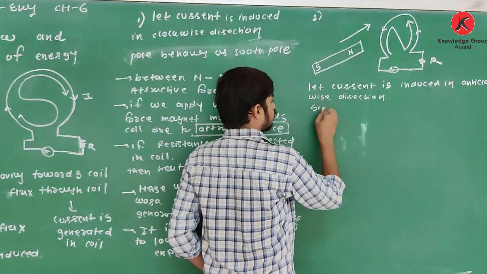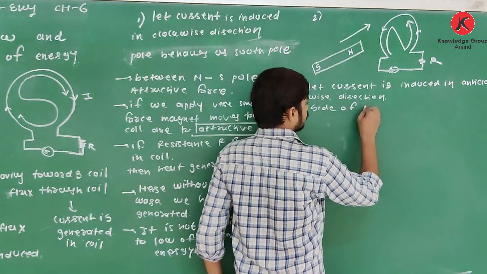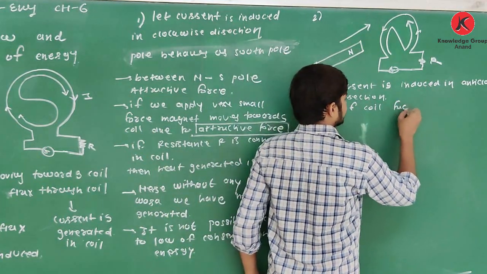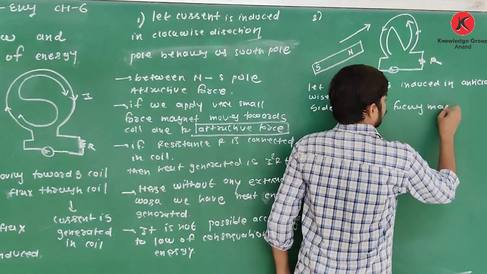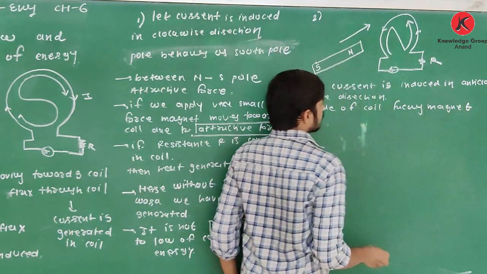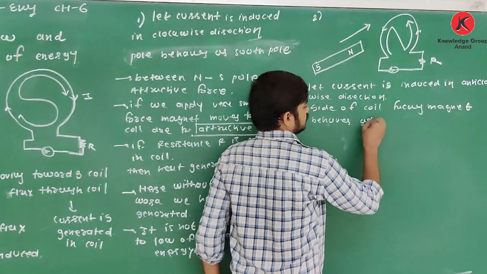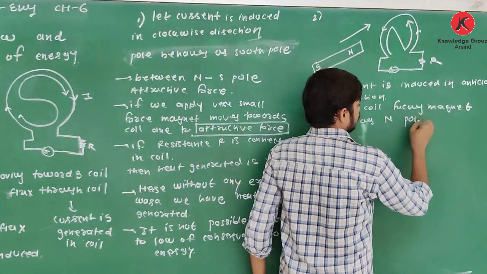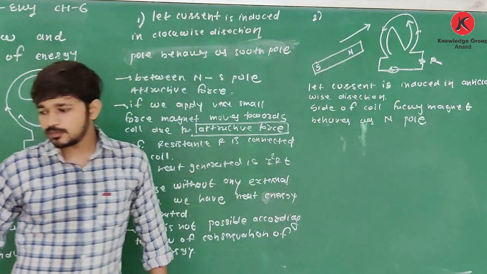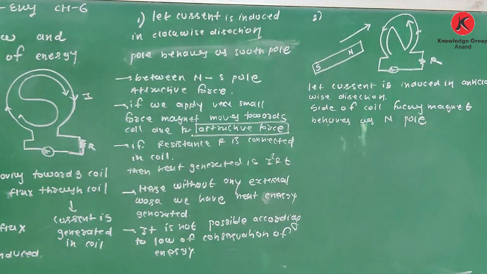Then the side of the coil facing the magnet behaves as a north pole. Clear about this?